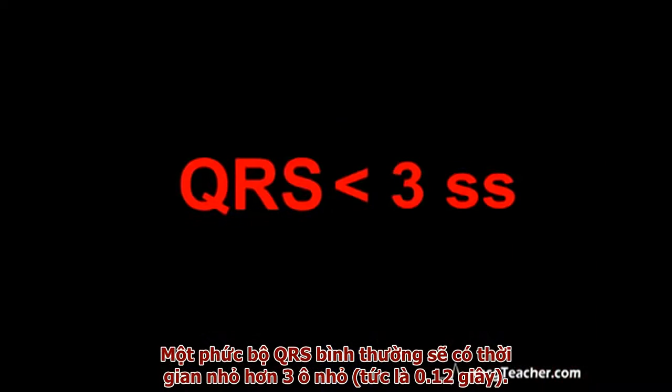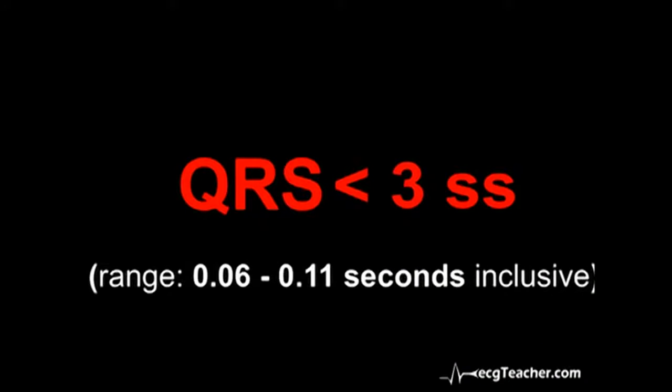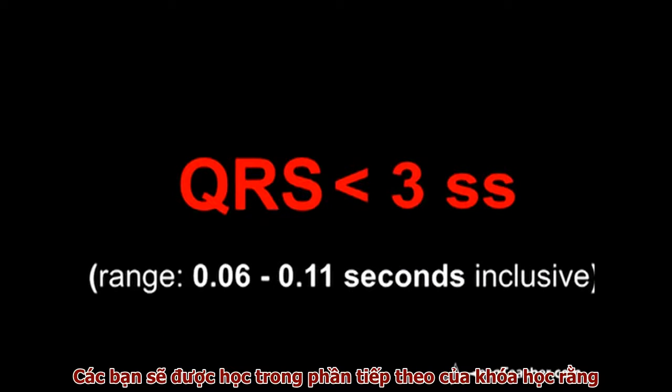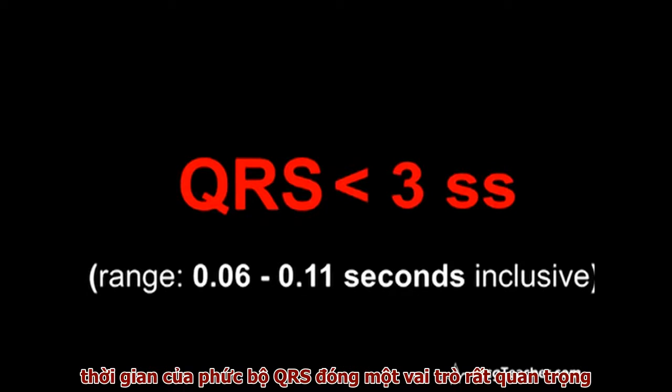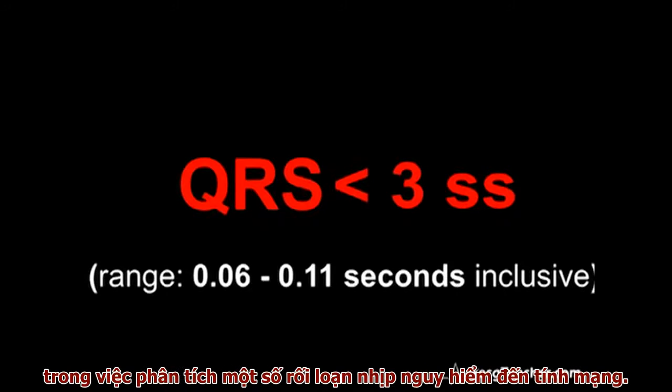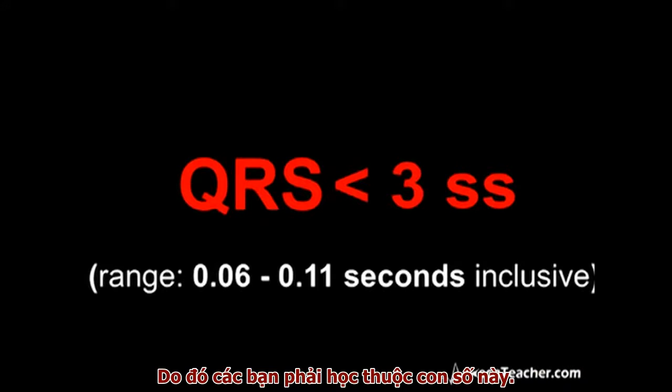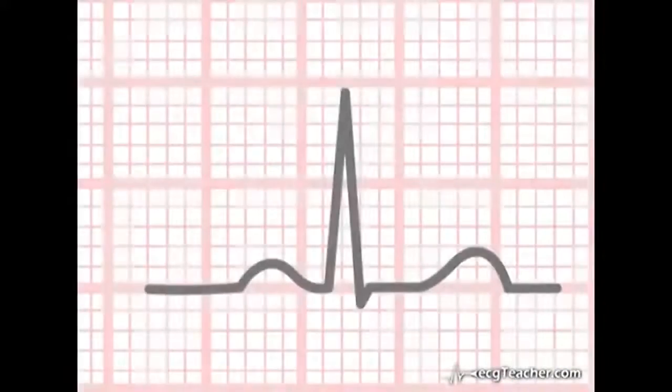A normal QRS complex is less than 3 small squares in width. You will learn later in this course that the width of the QRS complex is absolutely central to the ECG interpretation of life-threatening arrhythmias. You must remember this number.